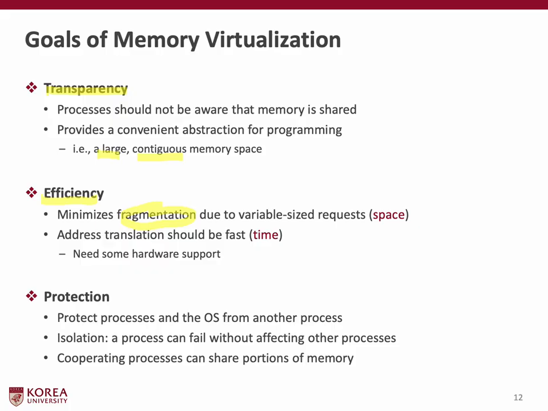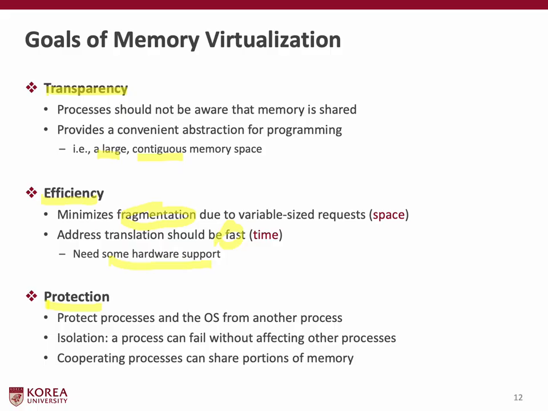And another part of efficiency is that address translation should be fast. Every time a process accesses memory, we need to translate a virtual address into a physical address. So we will need some hardware support to make this translation fast enough. And finally, protection. We need to make sure that one process cannot corrupt another process's memory or the OS memory.